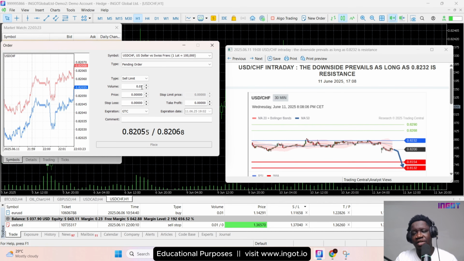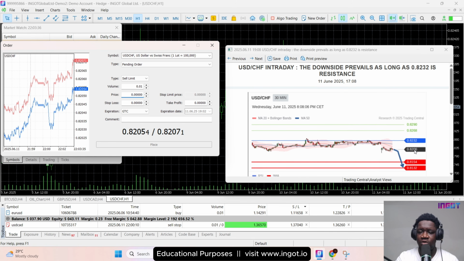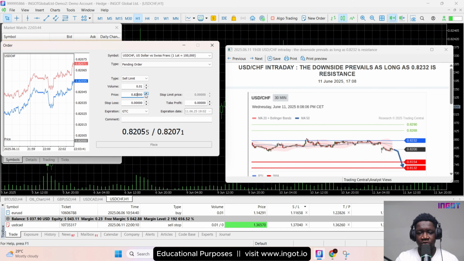Now lot size 0.01. It depends on your risk appetite. You can change it. Now price. At what price do we want to enter the trade? That's this 0.8200. Now, what's the stop loss?